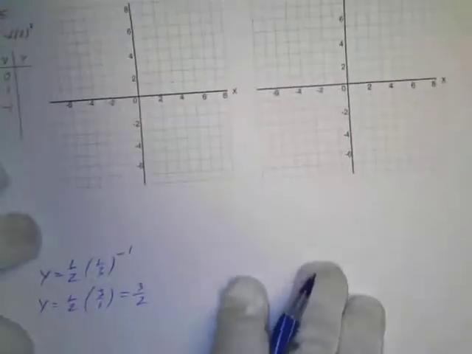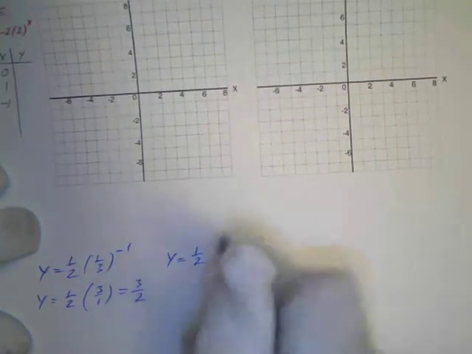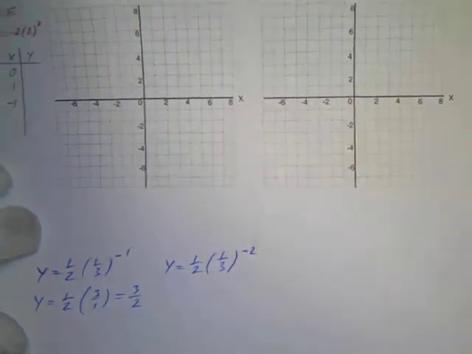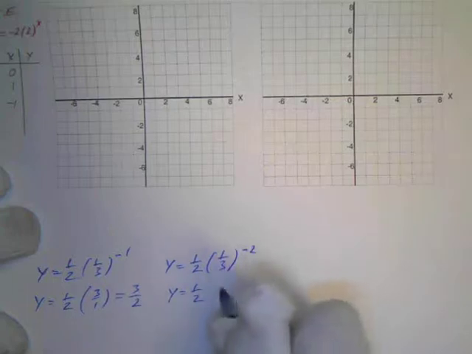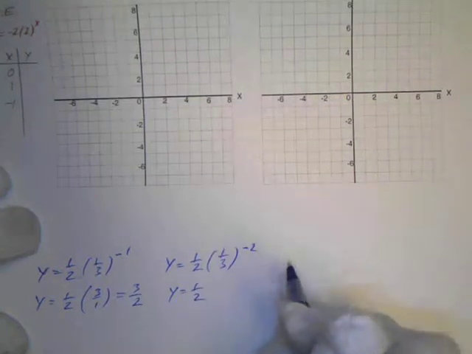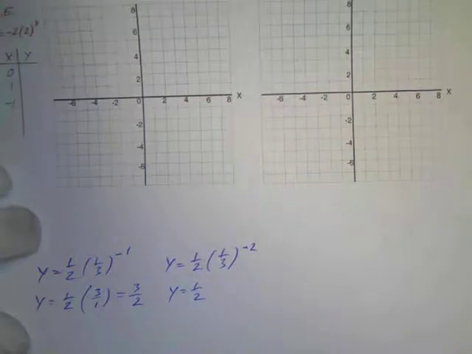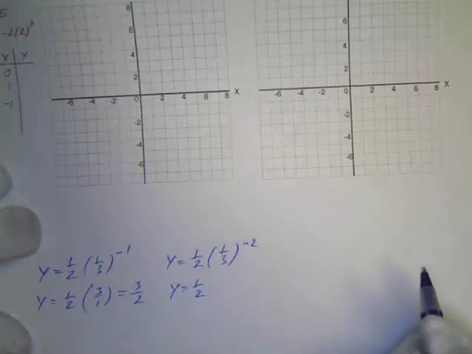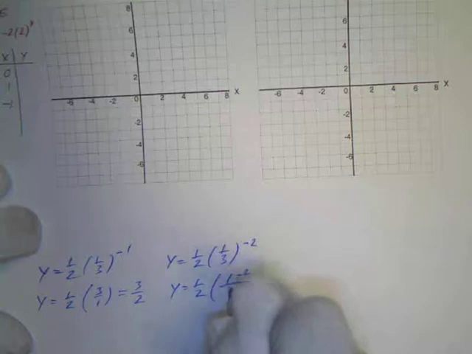I'm going to do this down here again, so I'm going to say to the negative 2. So that's going to be y equals 1/2 times, there's a couple ways to do this, so I could say this is going to be 1 to the negative 2 all over 3 to the negative 2.